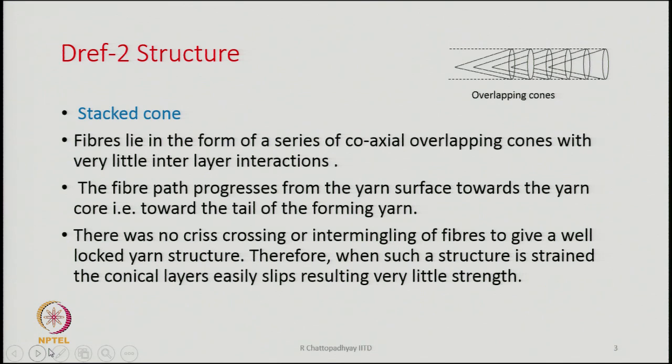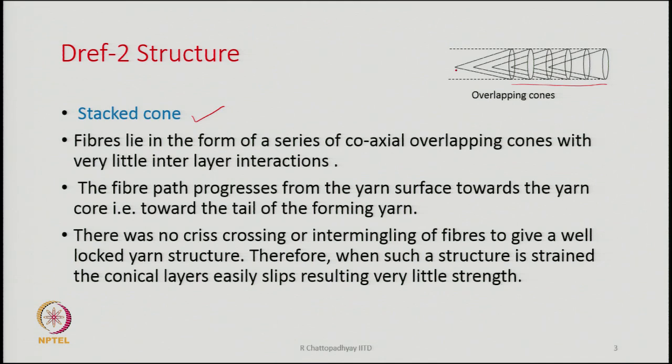Now, here there is one concept that has been proposed, that it is like a stacked cone, that the fibers are actually getting wrapped, and they are actually existing on the surface of a cone, as if each and every individual fiber is forming a conical surface, and the yarn is a stack of a series of cones.